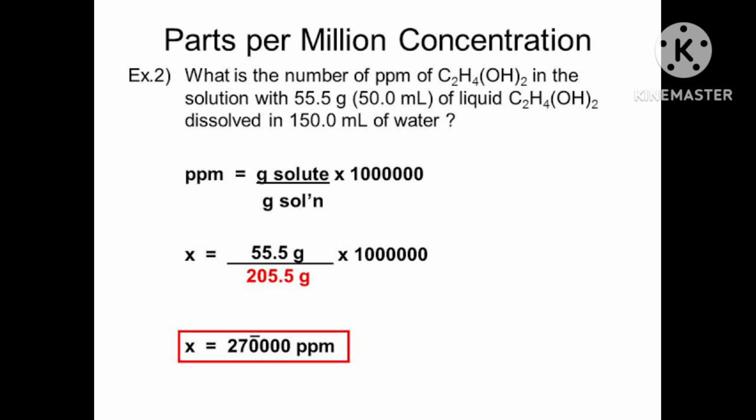At this concentration, antifreeze lowers the freezing point of water. Water freezes at 0 degree centigrade, but now it will freeze at minus 17.6 degrees centigrade, or in Kelvin, 255.4 Kelvin.